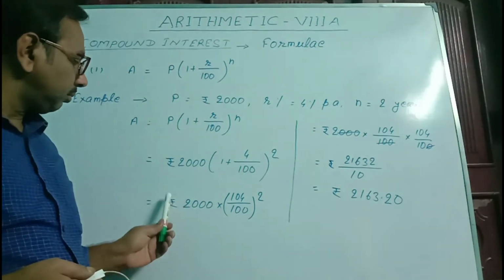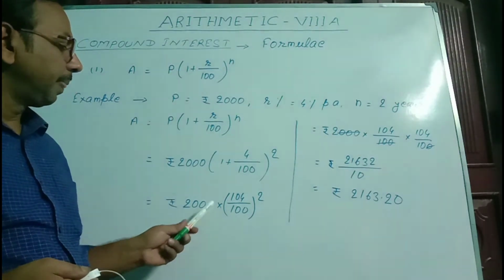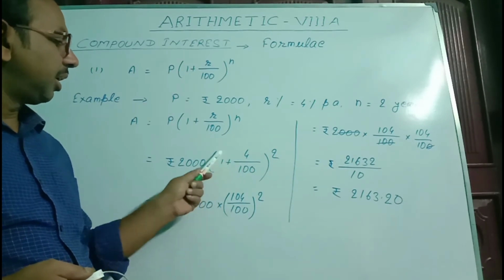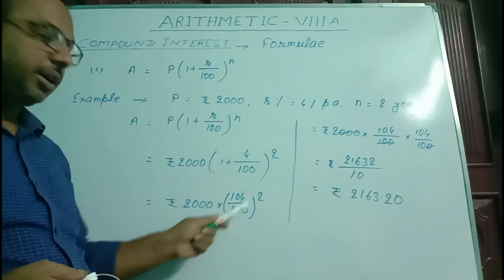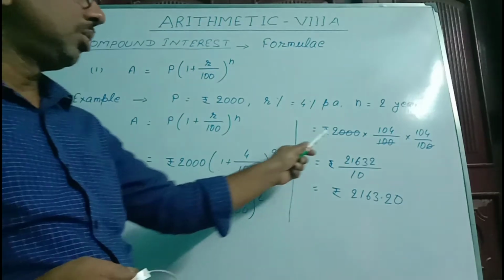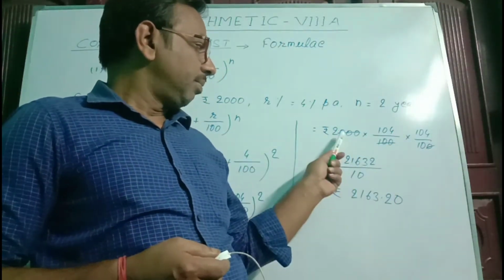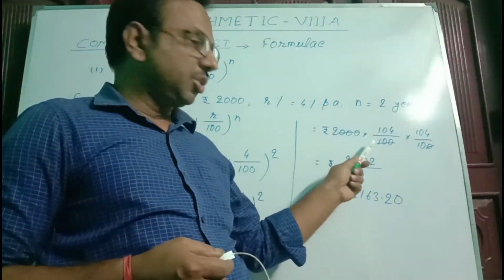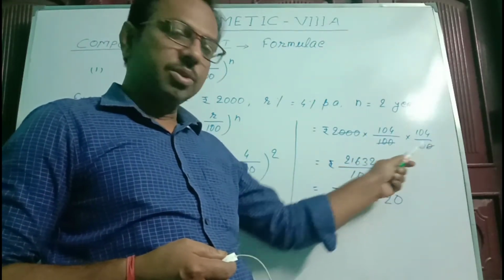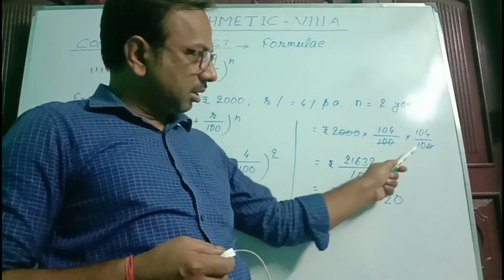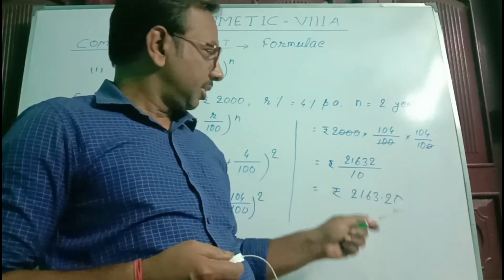Now this 2000 came here, LCM 100 plus 4, 104 by 100 whole square, 2000 into 104 by 100 into 104 by 100. By simplification, these three zeros are cancelled. Here 10 is left.